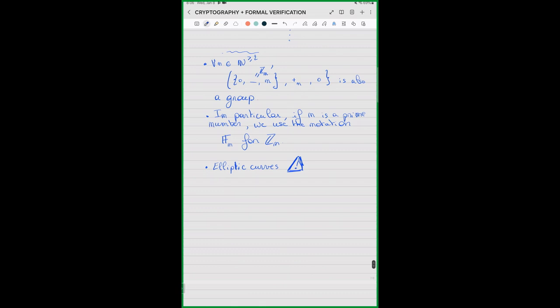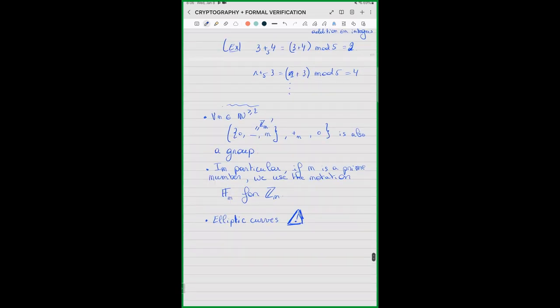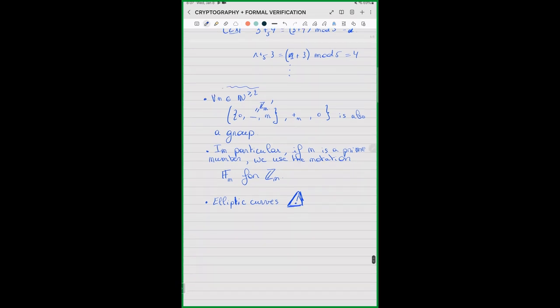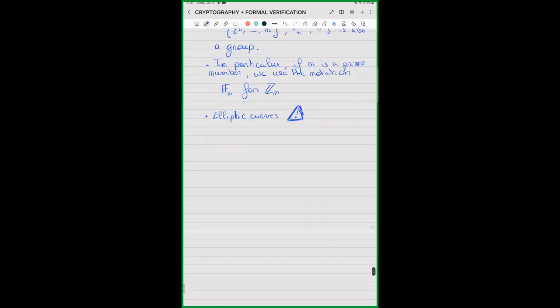Maybe I have a question: why do we define the notion of group, because we already have the addition, for example, for integers?